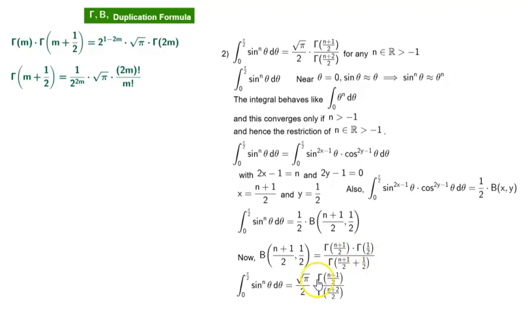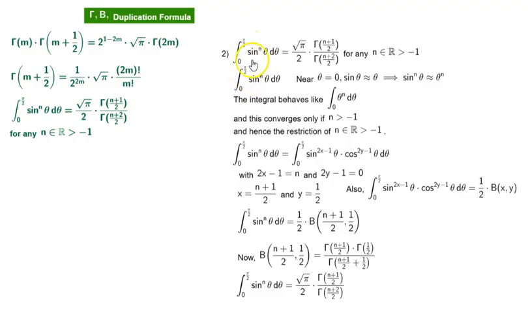But gamma of 1 by 2 is root pi. In the denominator we have gamma of n plus 1 by 2 plus 1 by 2, which becomes gamma of n plus 2 by 2. In the numerator, we have gamma of n plus 1 by 2. The denominator 2 comes from this 1 by 2, which is what we had to show. Let's look at the same thing in terms of cos.